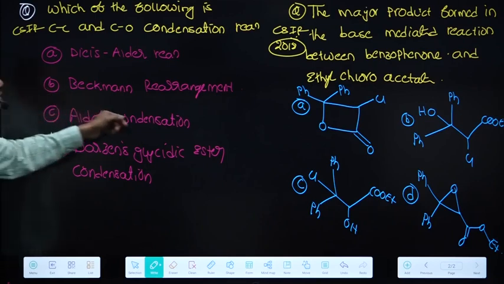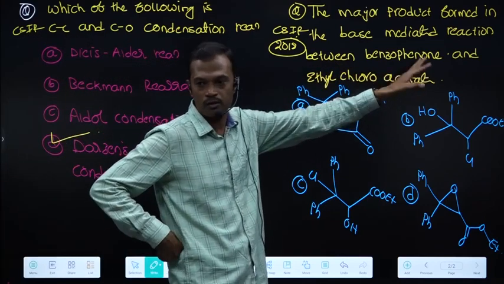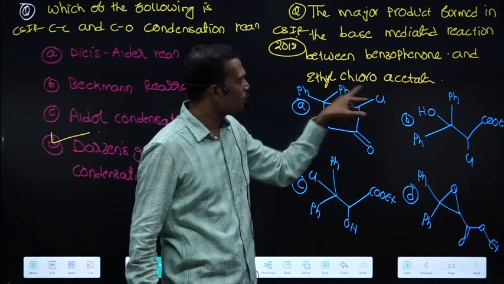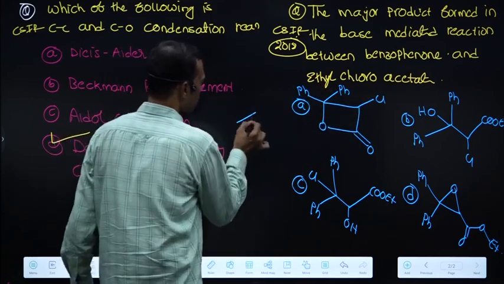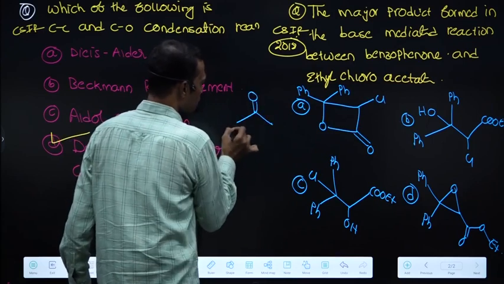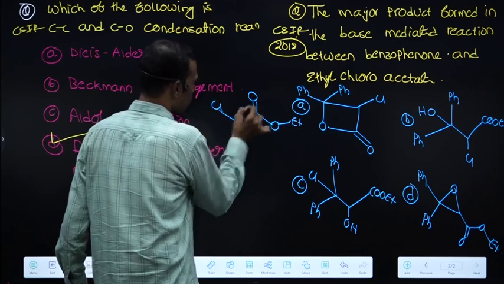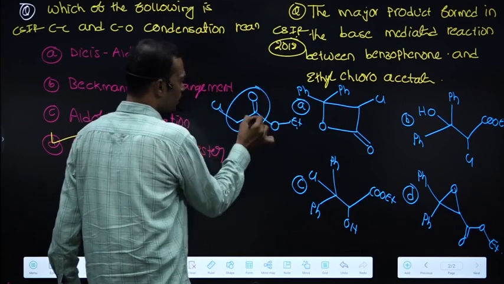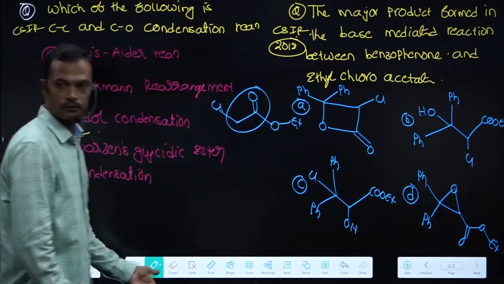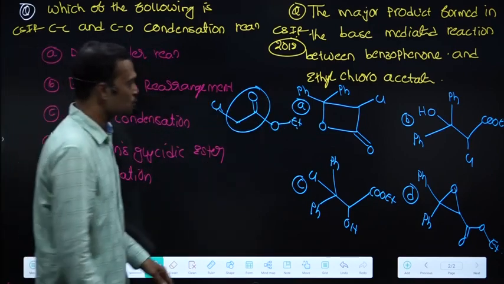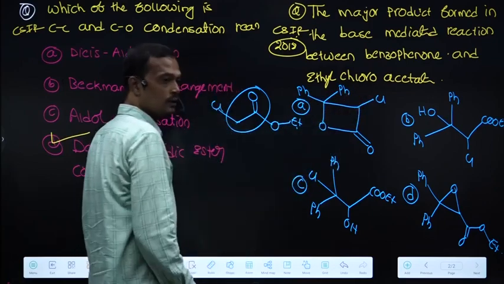If you don't know the structure of this one, it is a big headache for you. And one more, ethyl chloroacetate, is also problematic. So acetate means this one, remember. This is ethyl, and here chloro is there. So now this part is acetate. Ethyl chloroacetate. We can't write chlorine other than this place. That is the option. So this structure they will give in the form of a name. Clear?